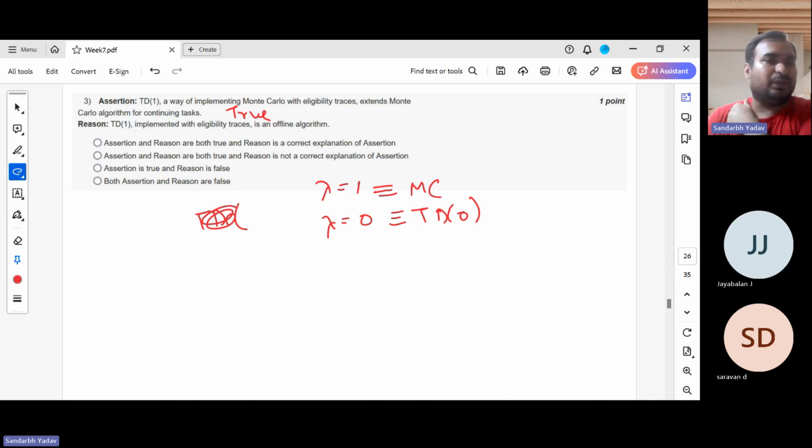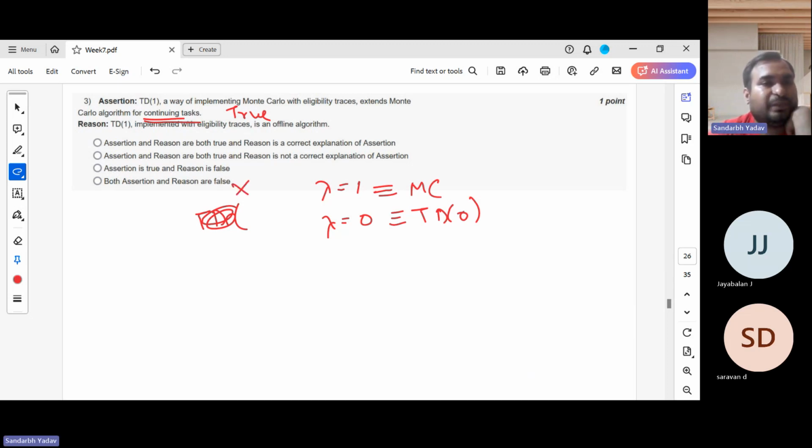And it extends the Monte Carlo algorithm for continuing tasks, because Monte Carlo is essentially offline. We were making updates at the end, but now we can do it in an online fashion through this TD(lambda) version, and we can do it for continuing tasks also. So the assertion is true, and this option is gone.